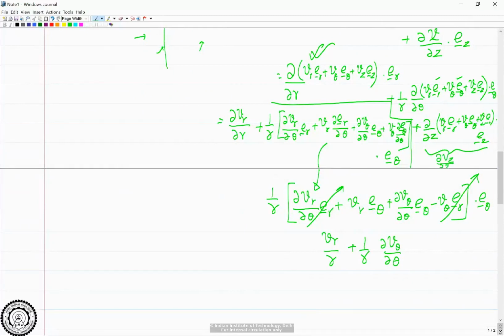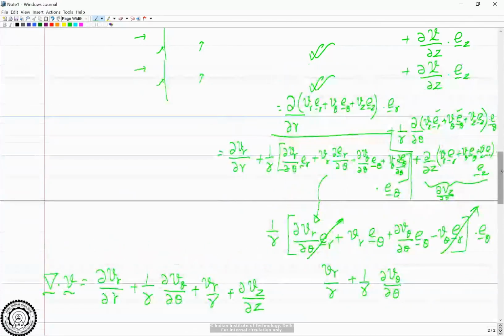So the divergence in cylindrical coordinate system is then del vr by del r plus 1 over r del v theta by del theta plus vr by r, and then you have plus del vz by del z. Okay, and now you have to plug in the formula for vr, v theta, vz.